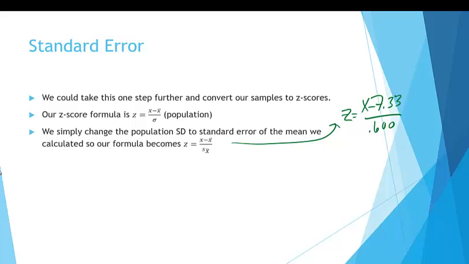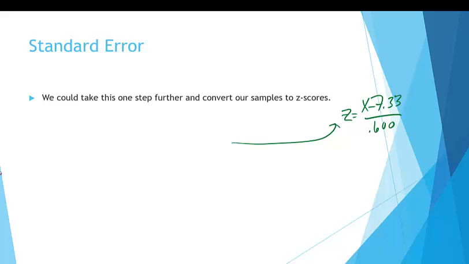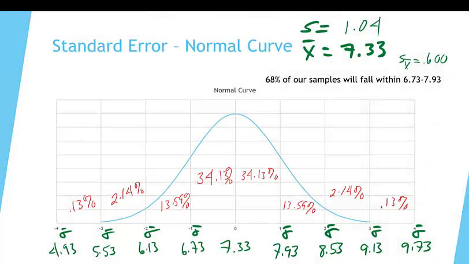And the reason we're looking at z-scores is because a while ago I just said, it's pretty unlikely we're going to draw a score above 9.13. It's just as unlikely that we'll draw a score below 5.53.